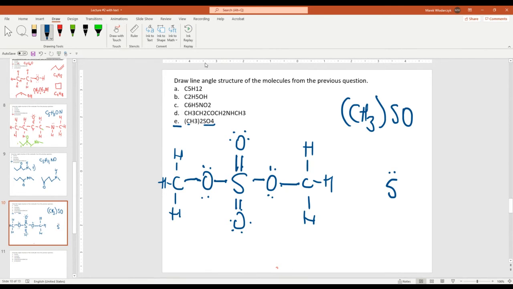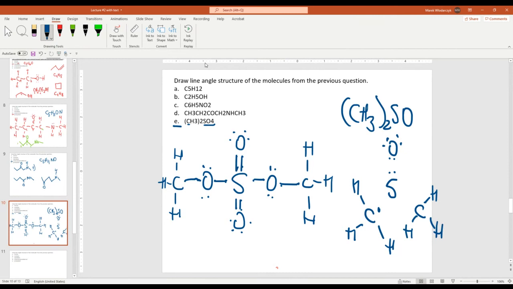You have the oxygen with 6 electrons, and you also have a carbon, I hope everybody knows by now, CH3 with 1 electron. I'm sorry, 2 CH3s, yes, correct. Dimethyl sulfoxide in this case.